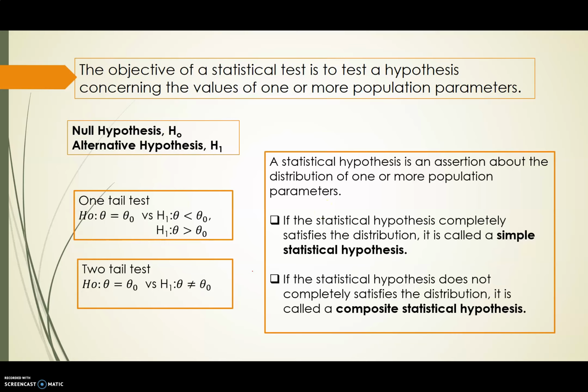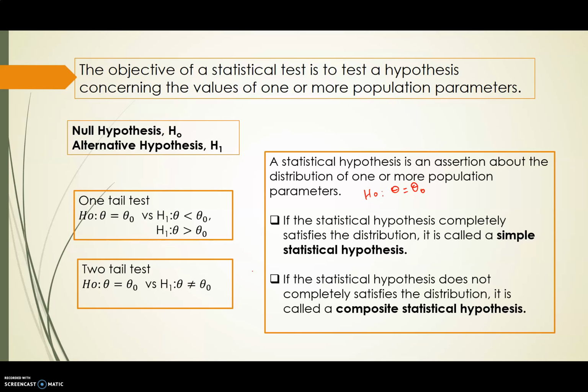If the statistical hypothesis completely specifies the distribution, it is called a simple statistical hypothesis. For example, if we have our H0, theta equals theta naught, this is called a simple statistical hypothesis.